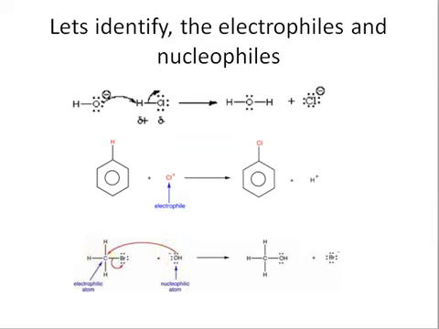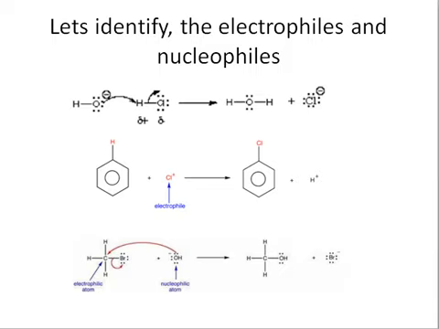Guys, I hope you have understood about the electrophile and nucleophile. Whenever you see a reagent and you have to decide whether the reagent or part of the reagent will act as an electrophile or not, just see whether it has a positive charge or a partial positive charge or not, right? In these cases it will act as an electrophile, or if there is an electron deficient atom as a central atom, then the species will act as an electrophile.